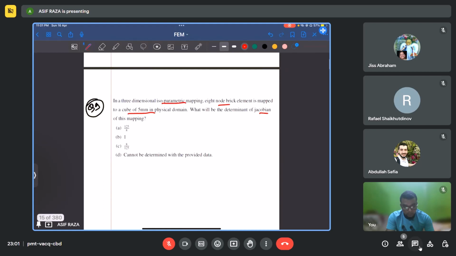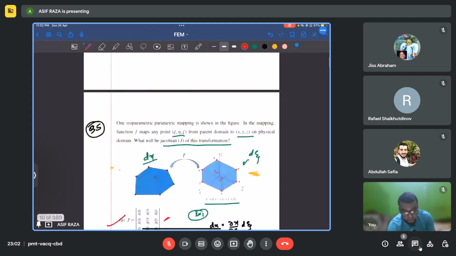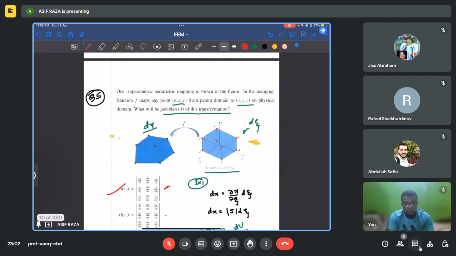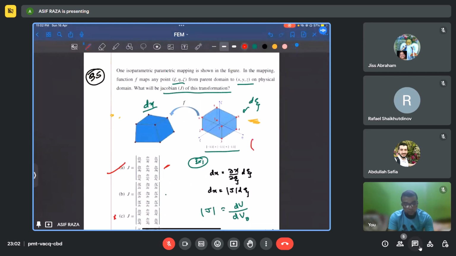I don't think it's connected though, but let's see. No, see, it's the parent domain. You're saying the parent domain has a volume of what? 2 into 2 into 2, that is 2 to the power 3, 8 cubic units.